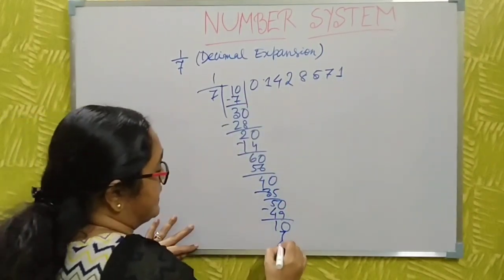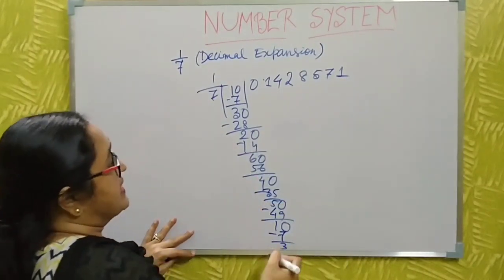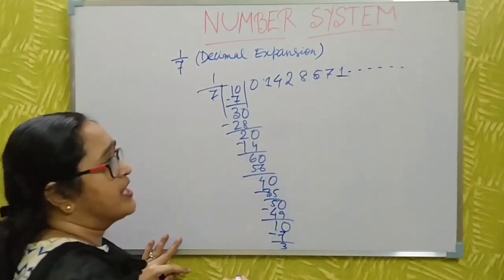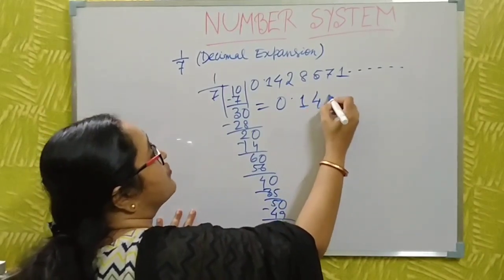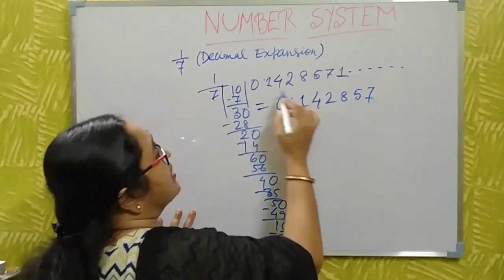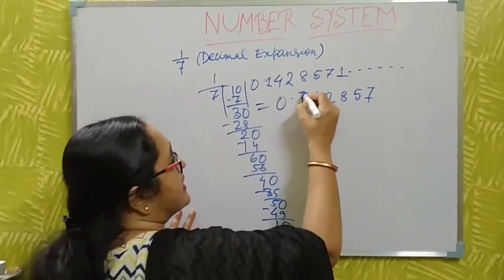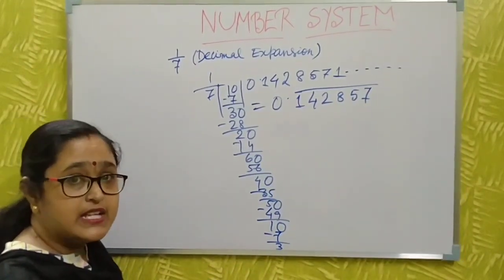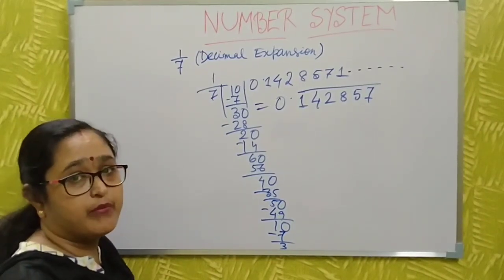In the same process this number repeats: 1 4 2 8 5 7, 1 4 2 8 5 7, then again 1 4 2 8 5 7. Then this is a recurring number and this number must be a rational number.